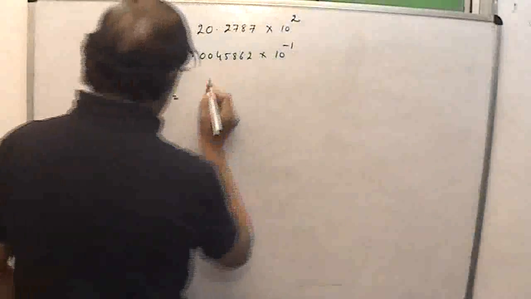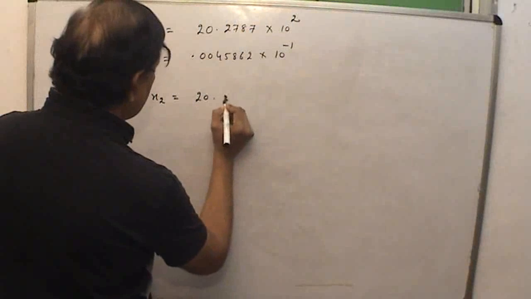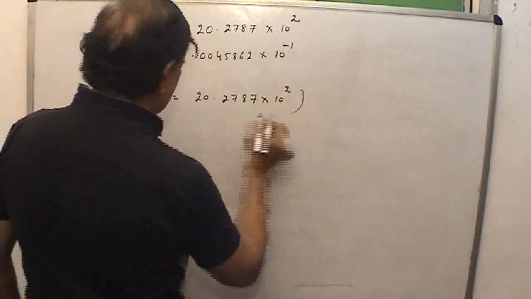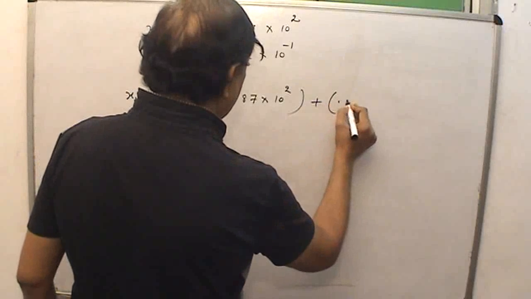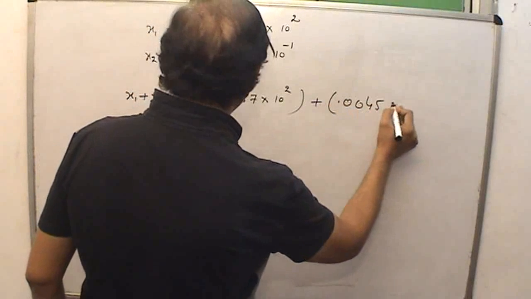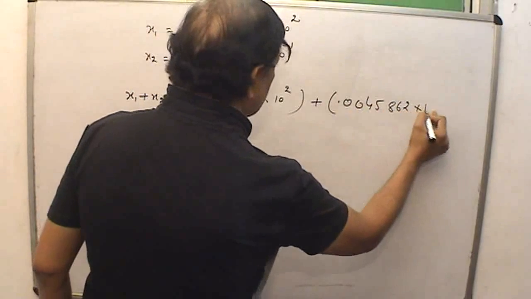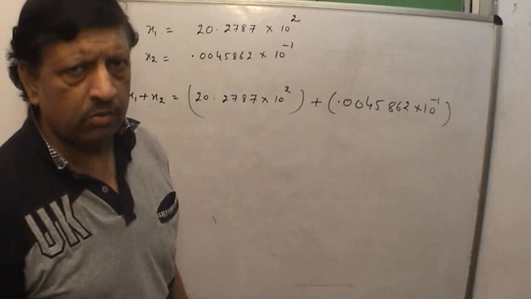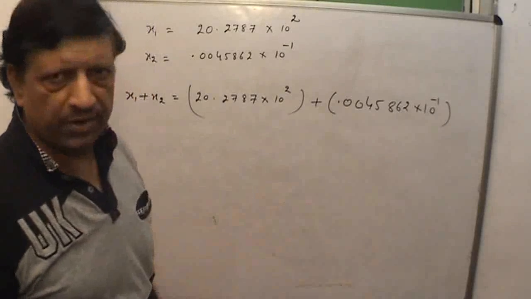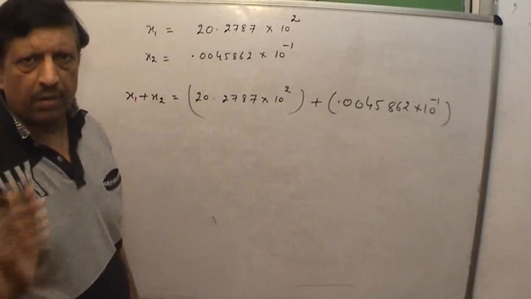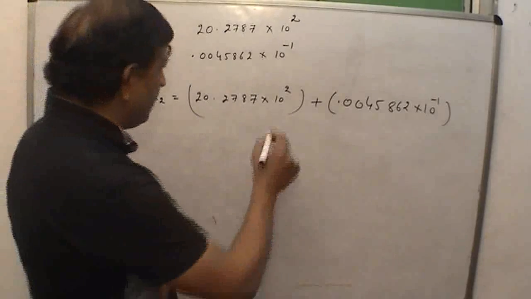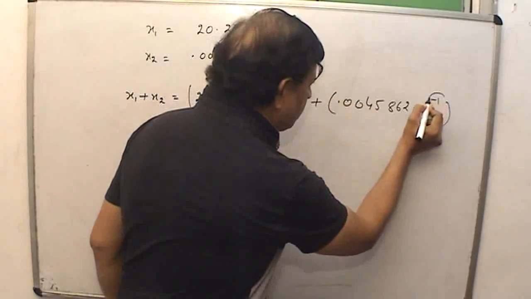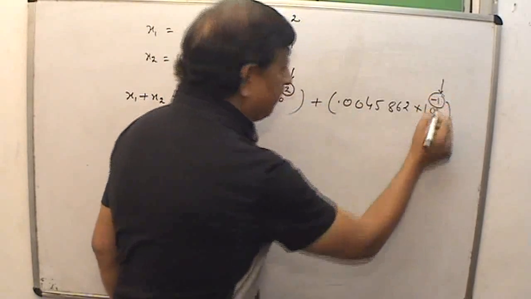So we write it this way: 20.2787 into 10 raised to the power 2 plus 0.0045862 into 10 raised to the power -1. Then how will our system calculate it? First of all, the problem is the exponent. Here the exponent is +2 and here the exponent is -1.